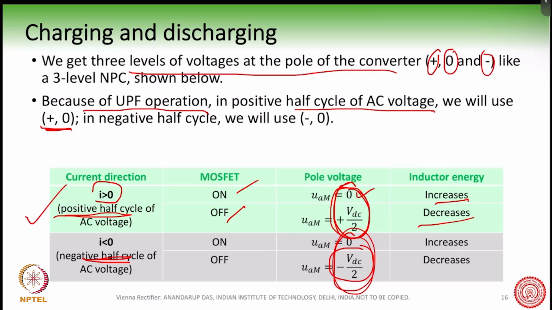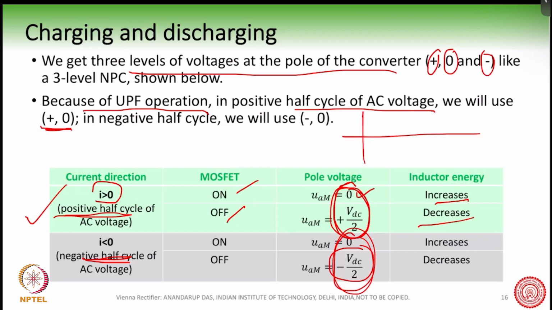But since we are operating at UPF for the Vienna rectifier, we can say that 0 and VDC by 2 will come in the positive half of the AC cycle, and in the negative half of the AC cycle we will get 0 and minus VDC by 2. So the output voltage will be something like this.